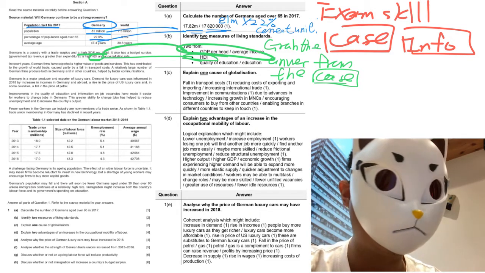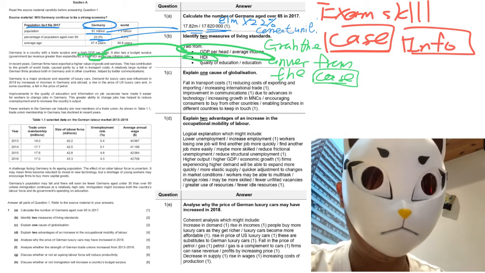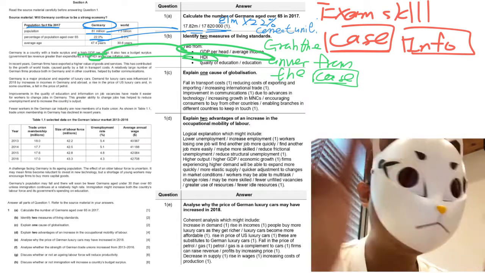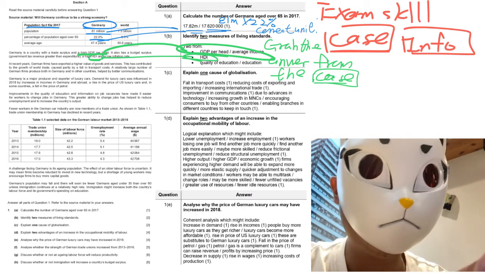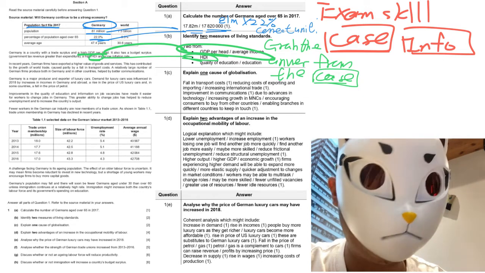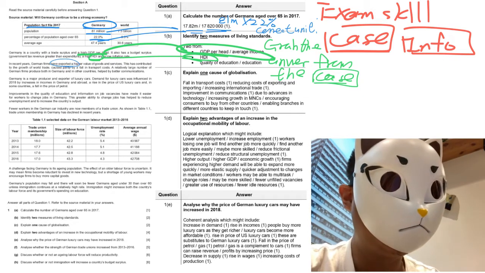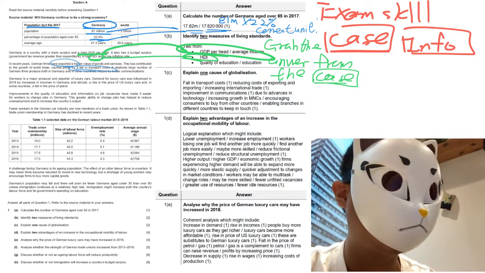It's a cause of globalization. So you might just refer to the paragraph. You can see in the paragraph it talks about Germany being very good at export, because due to the fall in transportation costs, they keep exporting luxury cars.